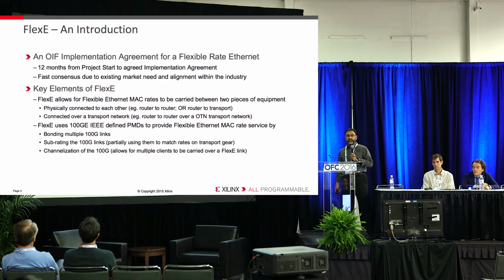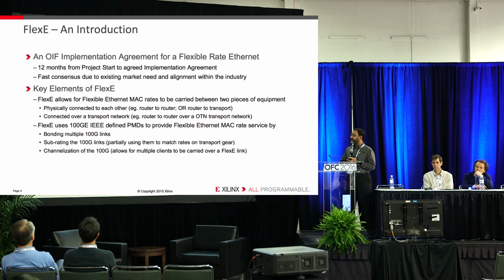So key elements of FlexE. What does FlexE do? FlexE is a method that allows you to physically connect pieces of equipment with a larger Ethernet MAC rate than is defined by IEEE. So IEEE today defines a 100 gig MAC rate. They're working on a 400 gig MAC rate in the future, but FlexE allows that MAC rate to be flexible.